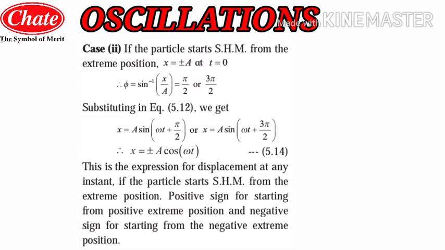We get phi is equal to sine inverse of x by a. Here the angle will be pi by 2 or 3 pi by 2.